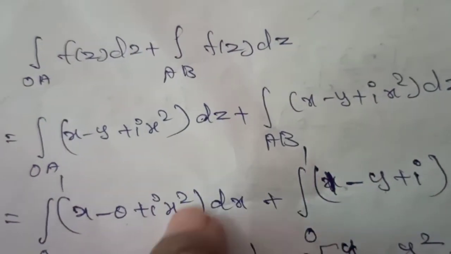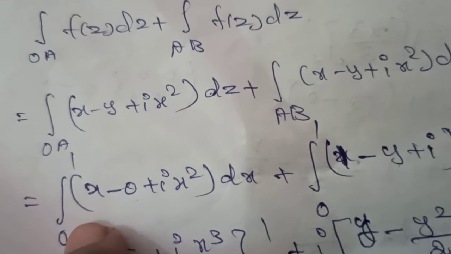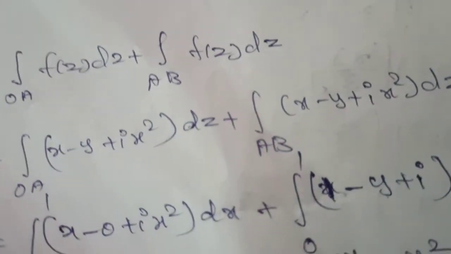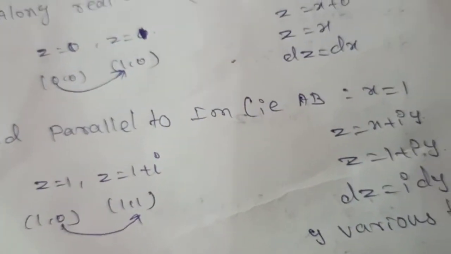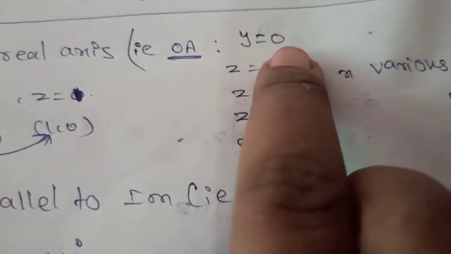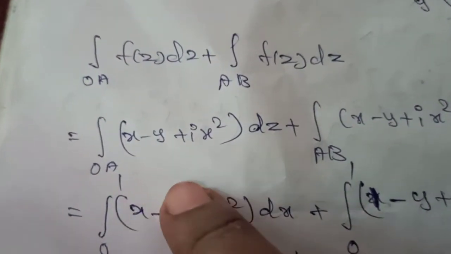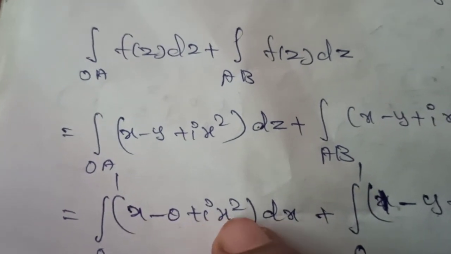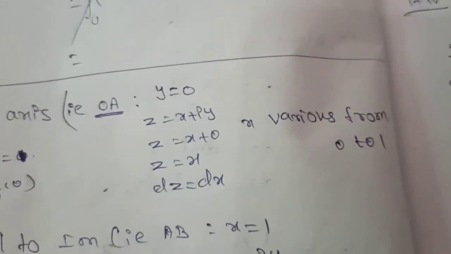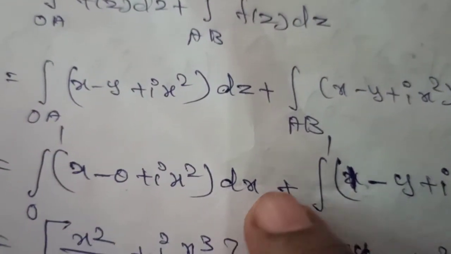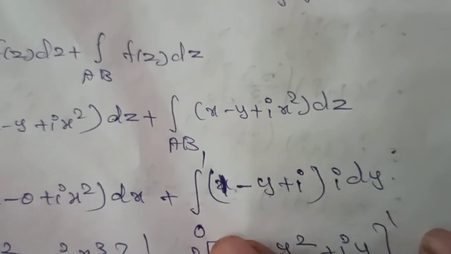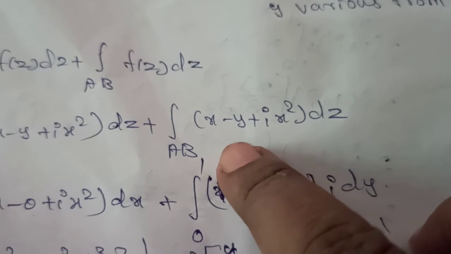Next, replace these values by x. First we take along OA, where the y value is 0. Substituting, we get the integral of (x minus 0 plus i x squared) dx, since dz becomes dx.